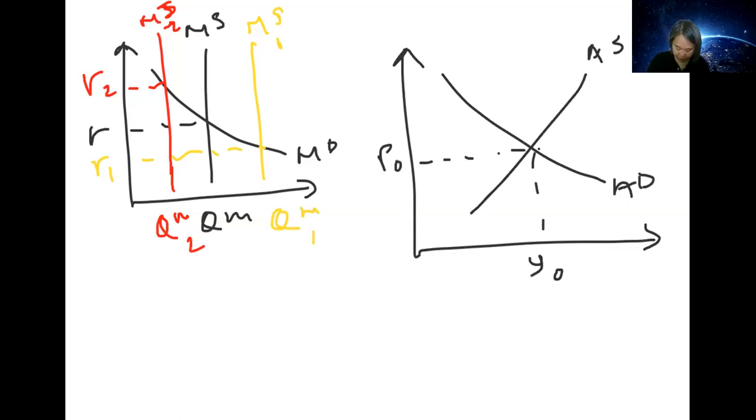This is where we're starting, at R0. If the Bank of Canada lowers interest rate, what's going to happen? You're going to see aggregate demand shift to the right, which will increase our price level and increase real GDP, or national income.